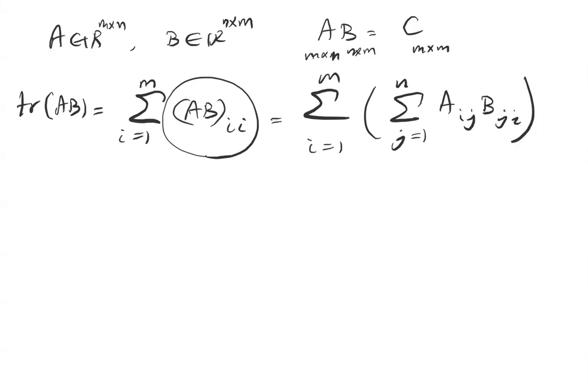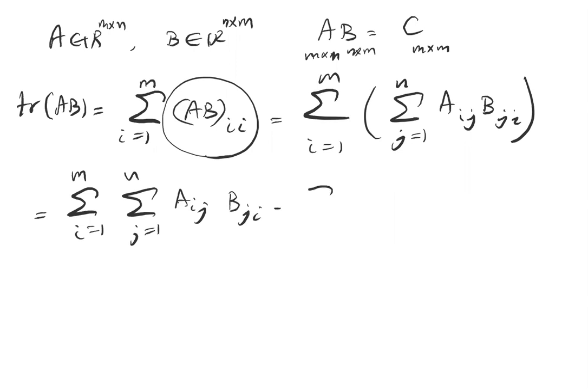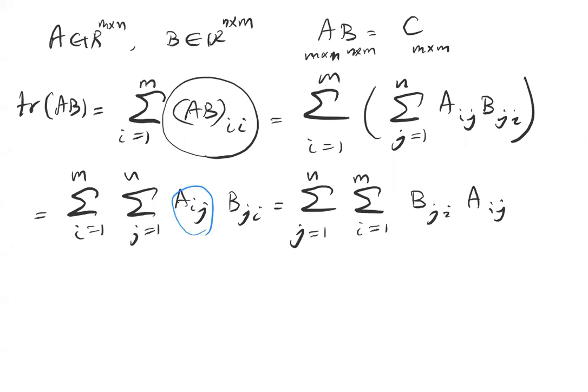All right. So now we are going to get rid of this parenthesis. So we have sigma i from 1 to m, sigma j from 1 to n, A ij, B ji, is equal to sigma j from 1 to n, sigma i from 1 to m, B ji, A ij. So what we did basically, we just changed the location of these terms, so nothing has changed so far.